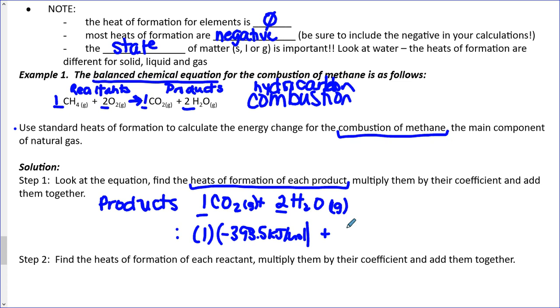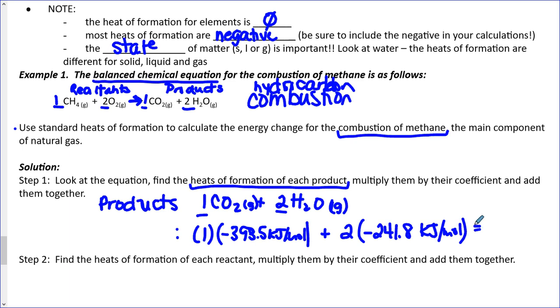And then the next one, keeping our balance, because that's what we multiply each of them by. This 1 comes from the 1 carbon dioxide. This is my standard heat of formation for carbon dioxide. This 2 comes from the balancing, 2 moles of water. We have water as a gas, so we don't want to use the water as a liquid. We want to use water as a gas. So that's negative 241.8 kilojoules per mole.